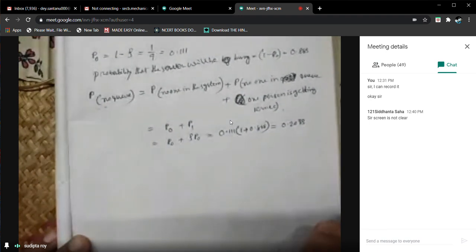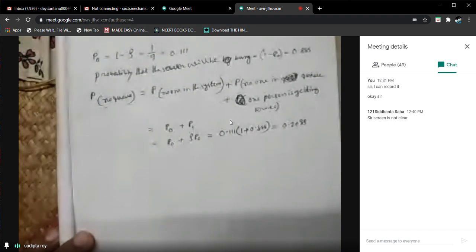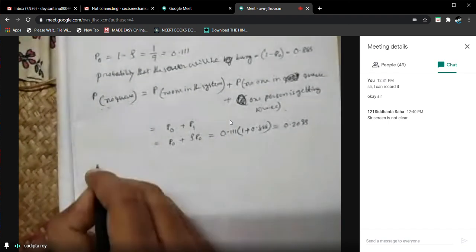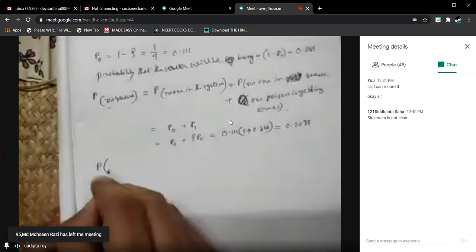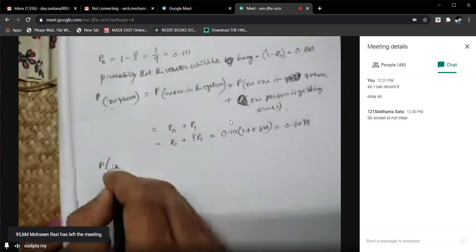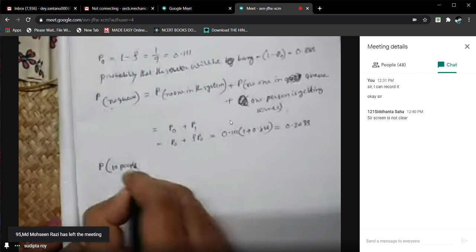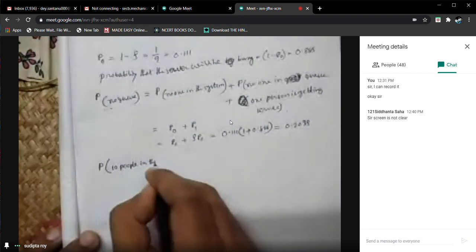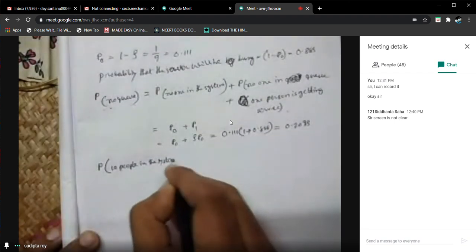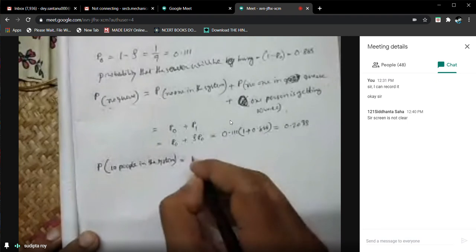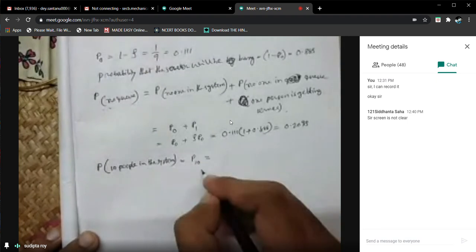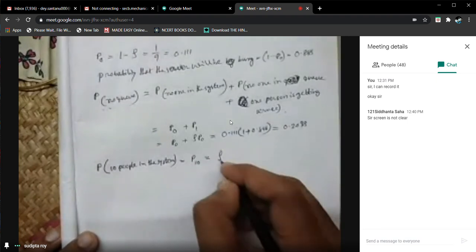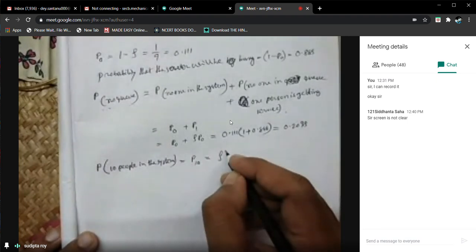Okay, so now next question, find the probability that there are 10 people in the system. So probability that there are 10 people in the system, or P10, will be equal to, as we found out in the last class, rho to the power n into P naught.